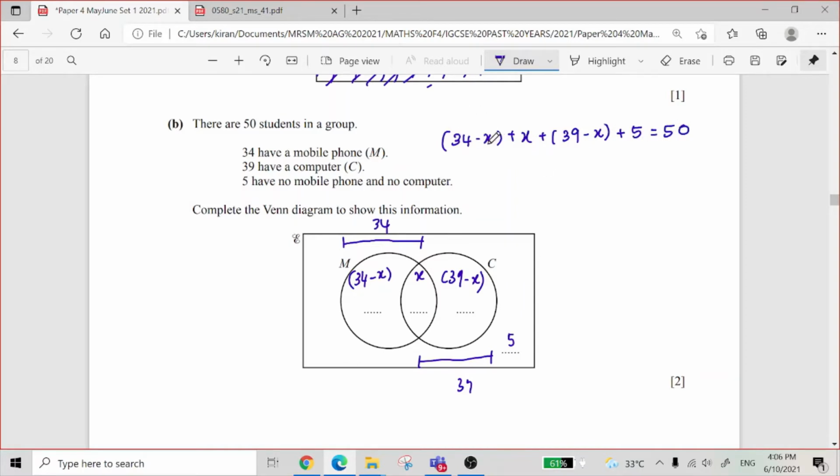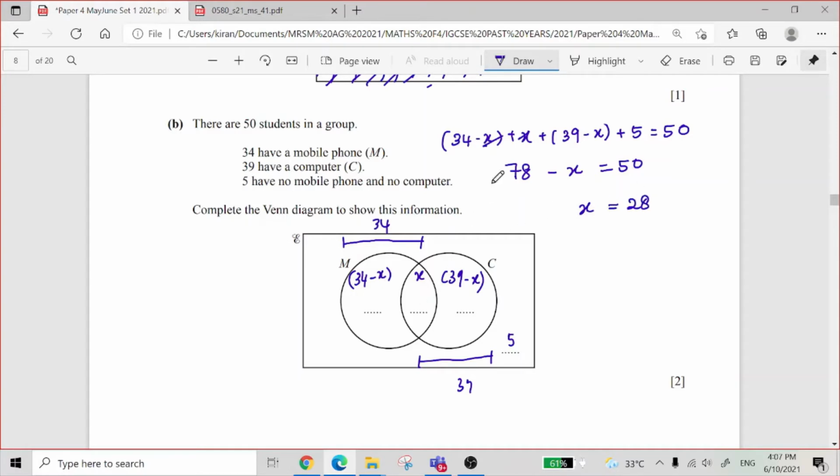Then we rearrange: 39 plus 34 plus 5 gives 78. So 78 minus X equals 50, and we get X equal to 28.